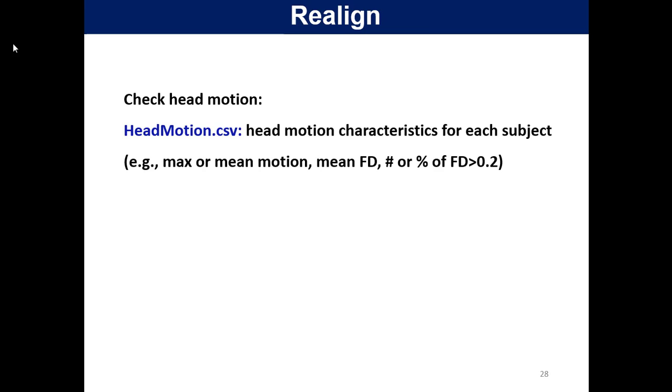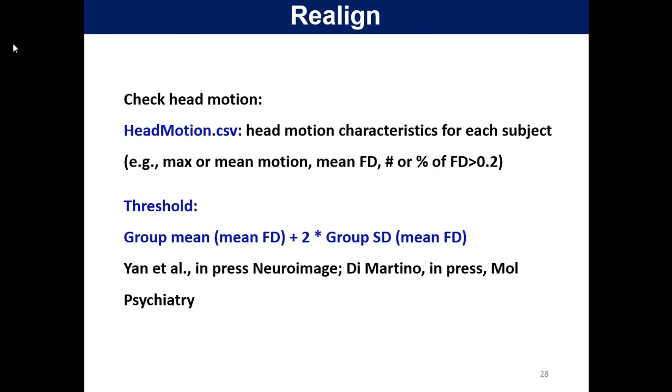Later we can use the mean FD Jenkins, the last column, to exclude subjects. And in group analysis, we can use the mean FD as a covariate. And you can threshold subjects. Usually we use mean FD at 0.2 millimeters to exclude subjects.